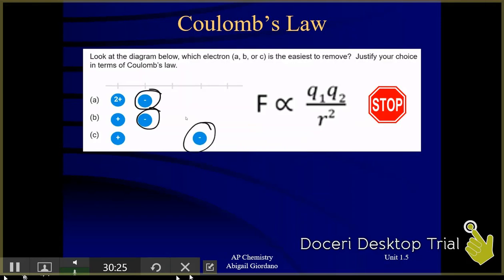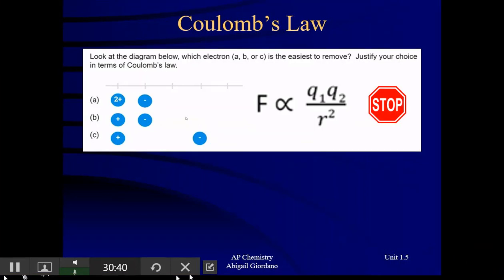Which one is the easiest to remove and justify your choice in terms of Coulomb's law? And I have put Coulomb's law back up there again for you to reference. So I want you to pause the video, think about it, see if you can come up with the answer.